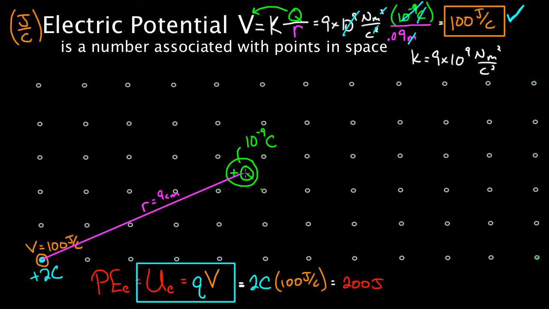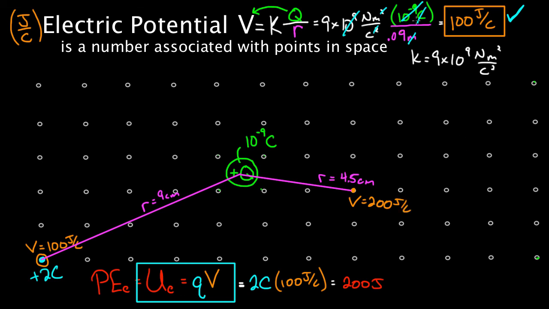You pick any point. If I picked a point twice as close, that's half as far away, say some point over here. Let's say this R value here was only 4.5 centimeters. Well, I'm dividing this by R. So if the R is half as big, this point over here would have a V value of 200 joules per coulomb.